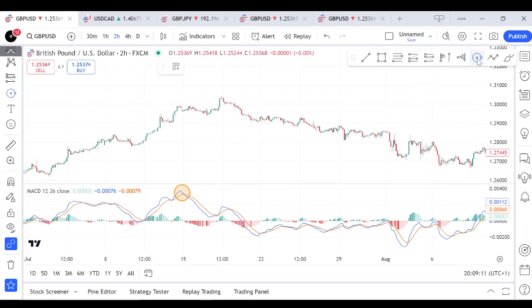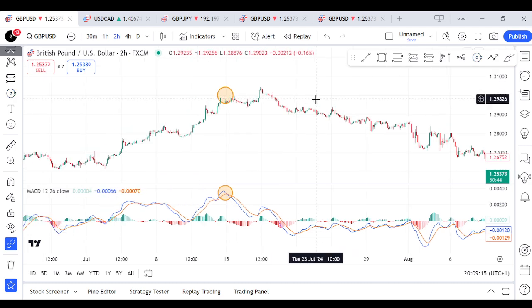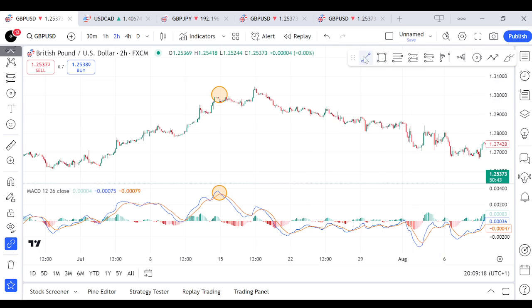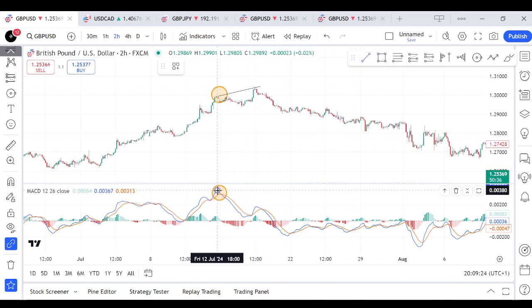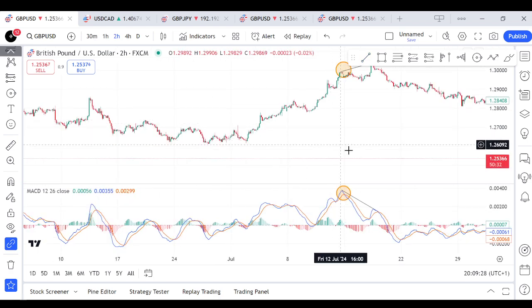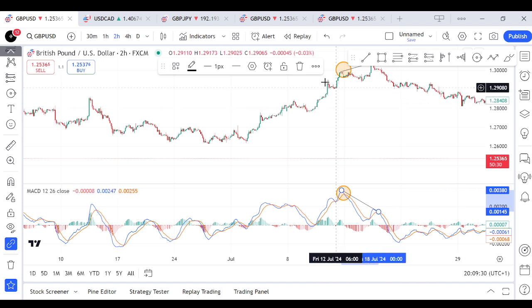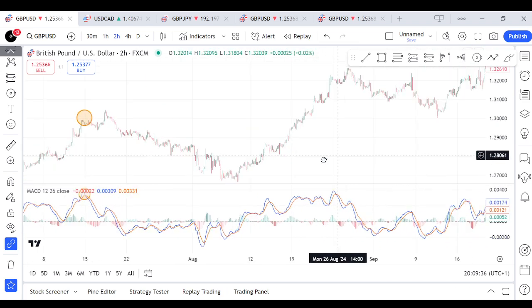And price had this consolidation before, and you can see this divergence between price and the MACD. We're not talking about the divergence, but it's just an added confluence for this trade. And we look for another opportunity.